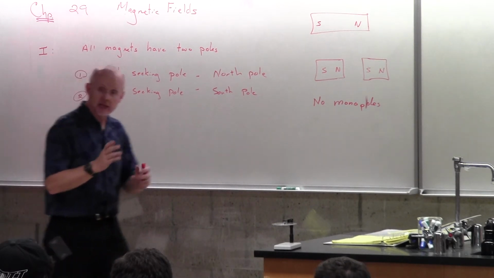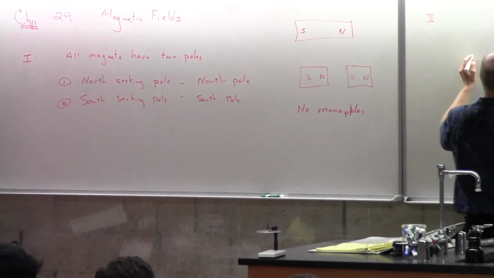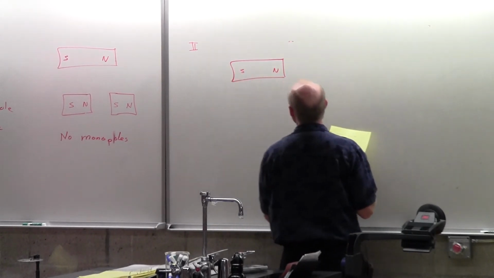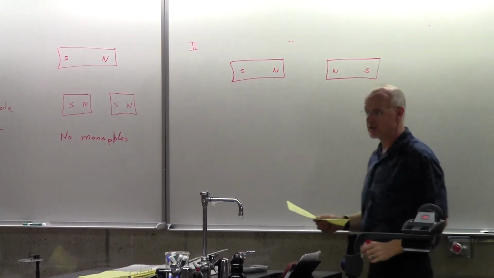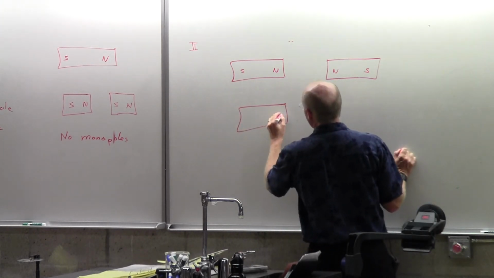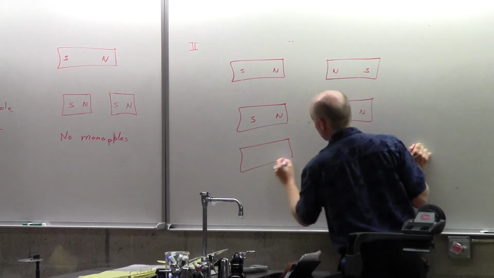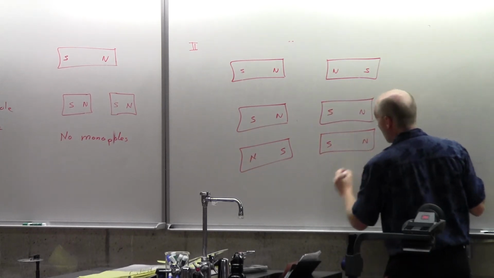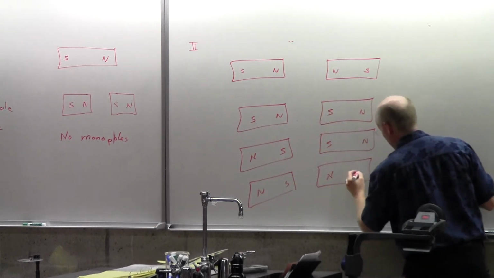As I get into the next observation, step 2, if I take two magnets and I bring them close together, the arrangement of how I can bring them together gives me 4 possibilities. What will happen here?